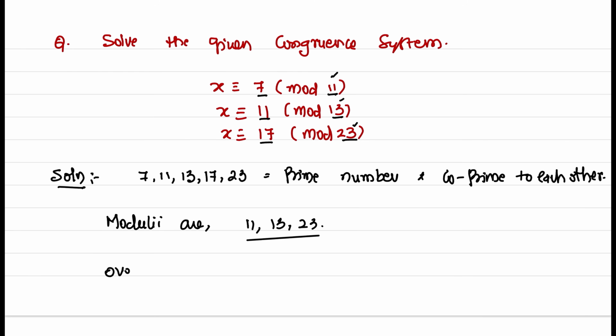Then what is the overall modulus? The overall modulus m is equal to the product of these moduli, 11 into 13 into 23, that is equal to 3289.